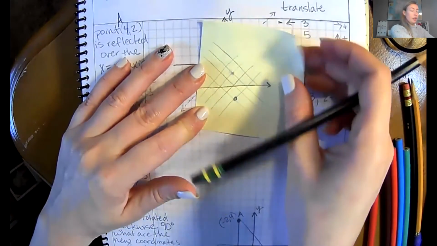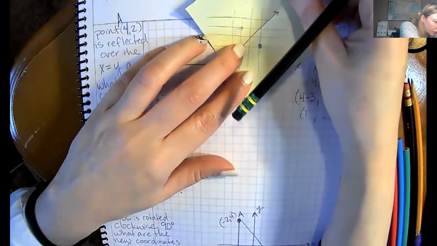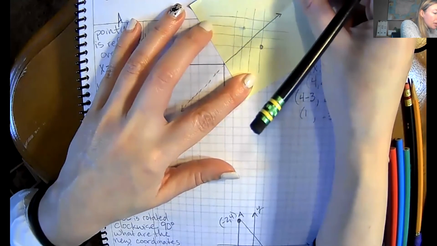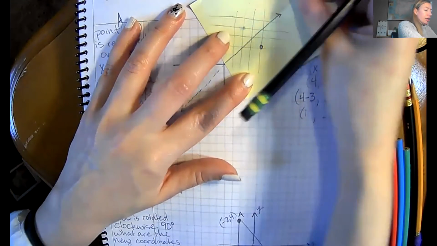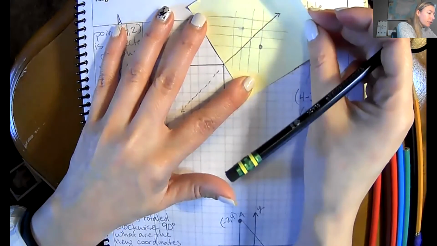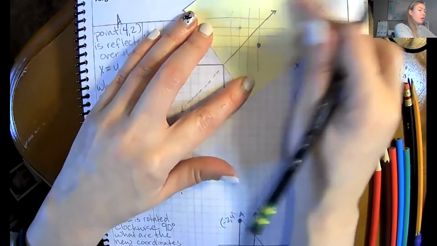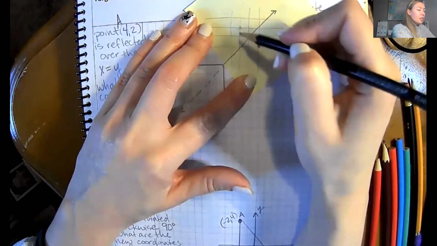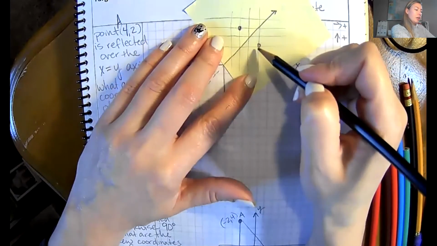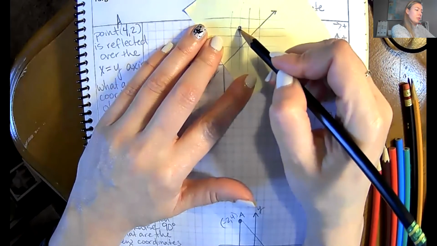Oh, you can see it there. So if I put this back onto this line here, you can see if I fold it over, it has gone, let's see, my line is not pretty. Okay. You can see from this point to my new point, it has gone up 2 and over 2.